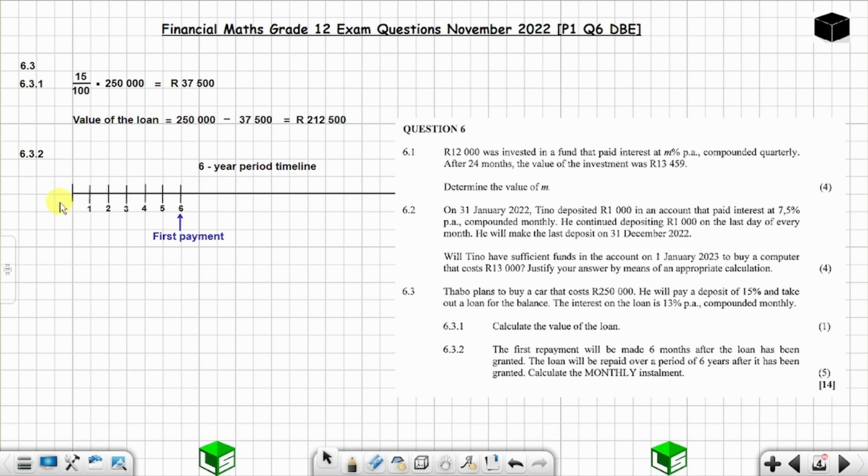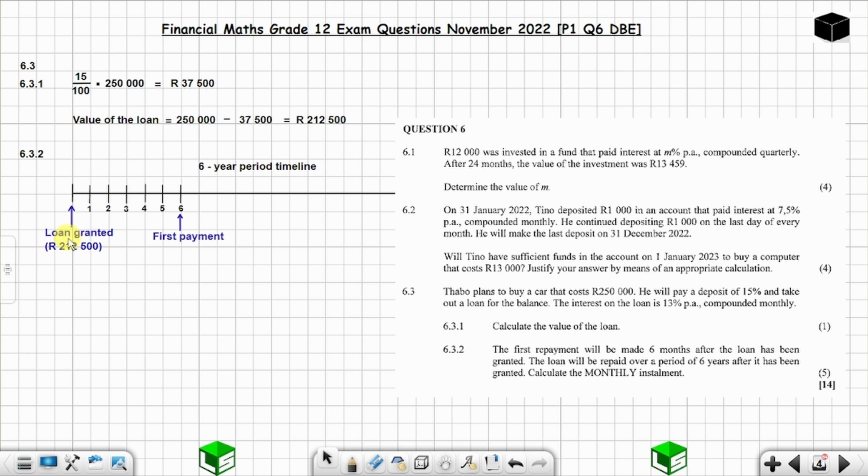The loan is granted. This amount is granted, the value of the loan. It's not 250,000 rand, because this is the balance after paying 15%. This is the balance remaining. So the loan is granted there, and then after 6 months, the first repayment is made.